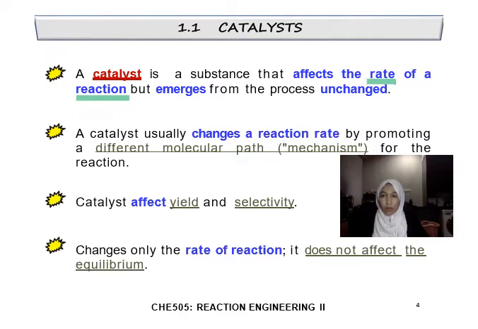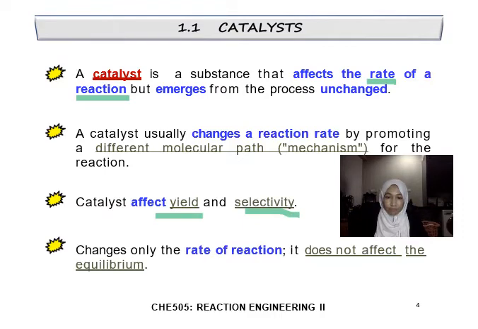So if a reaction is used without a catalyst, the mechanism would be different, and once you employ a catalyst, the mechanism is going to be different as well. The catalyst also affects yield and selectivity.